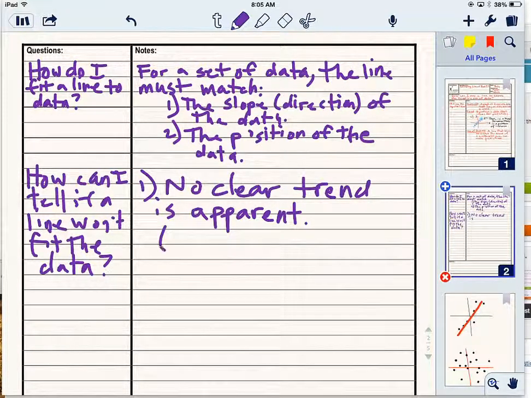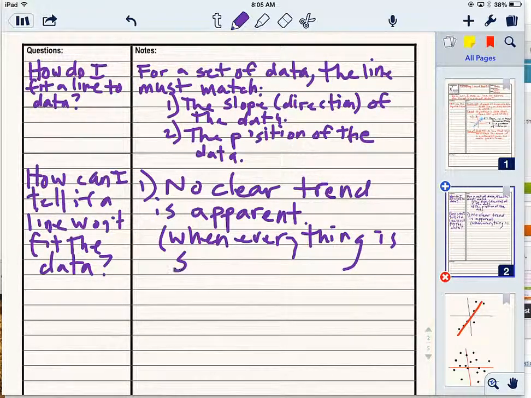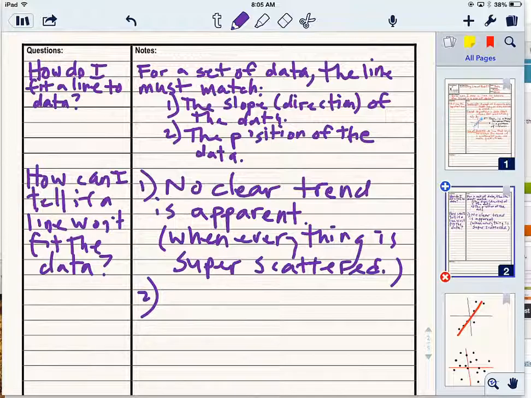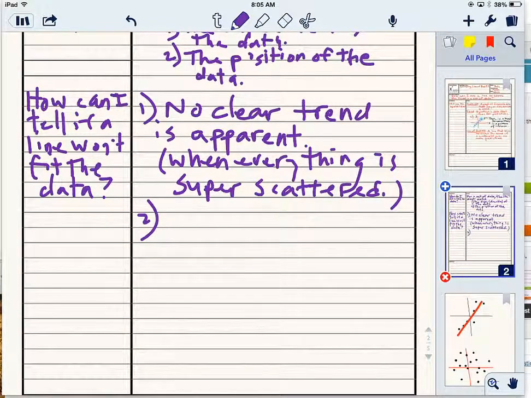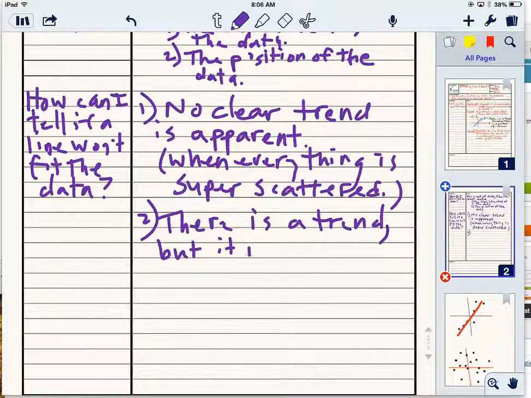And that's when everything is really scattered out. The other time that might be the case is when there is a trend, but it is non-linear.